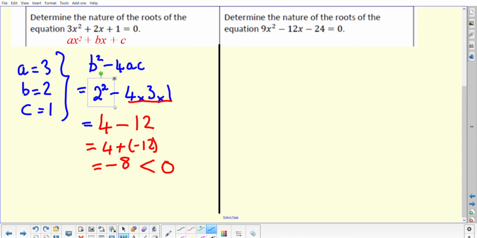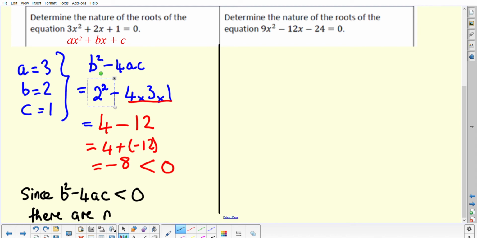So you need to make a statement, and what you need to be saying is, since b squared minus 4ac is less than 0, there are no real roots.